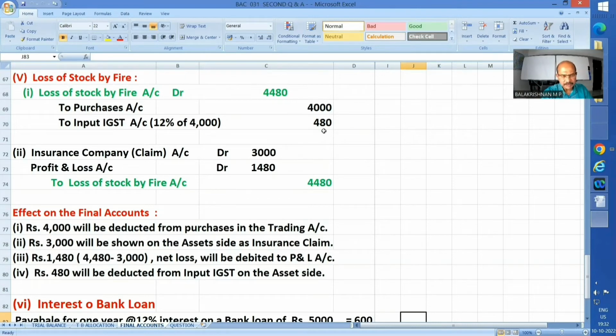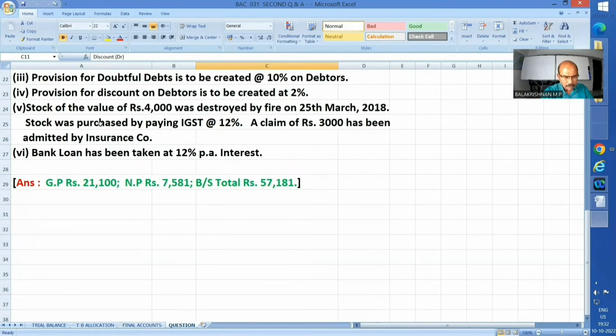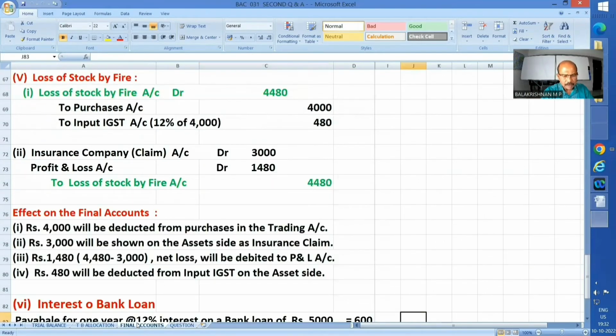Well, the explanation is like this. Why has purchase been credited? What we have been told here in the question is stock for the value of 4,000. So that much stock is not applied for sale. Whenever a purchased item is not applied for sale, to arrive at the proper cost of the goods sold, we have to reduce that much value from the purchase.